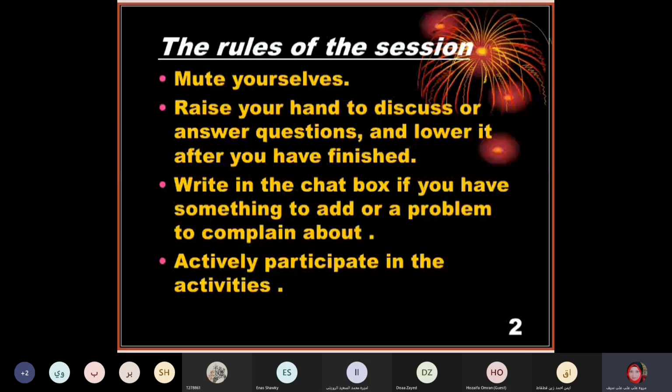And don't forget to actively participate in the activities, because today is not like the last module. Actually, it's not intensive. You will find it, inshallah, interesting and fun, and I hope you enjoy it. So have a look at the rules of the session: mute yourselves, raise your hand to discuss or answer questions, and lower it after you have finished.